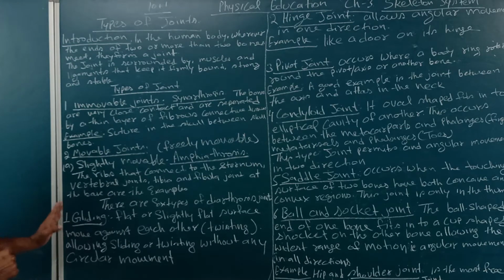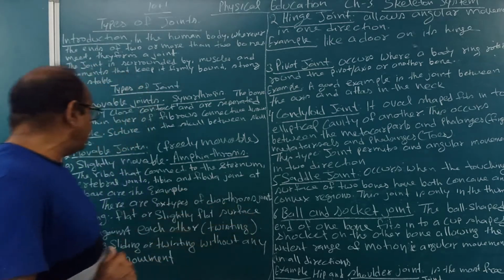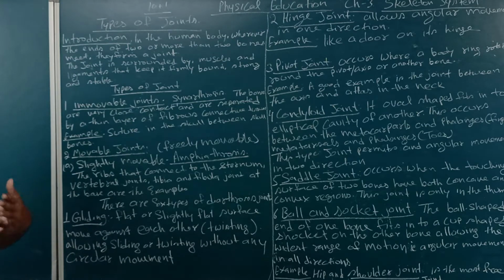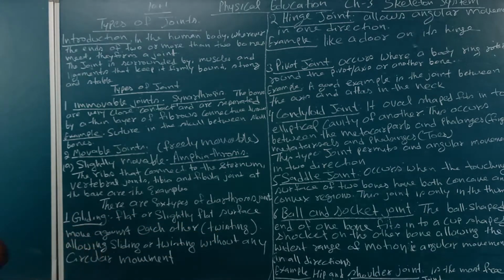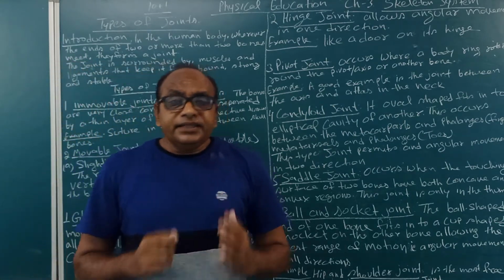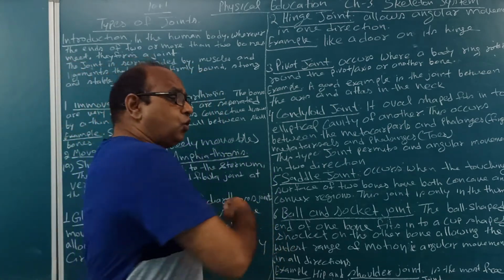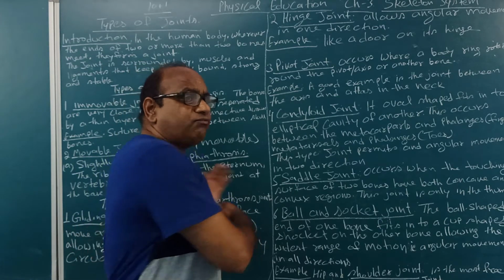Number 1 is gliding joints. In gliding joints, flat or slightly flat surfaces move against each other, allowing sliding or twisting without any circular movement. In this, we can only twist, we cannot rotate completely, and then we have to come back.